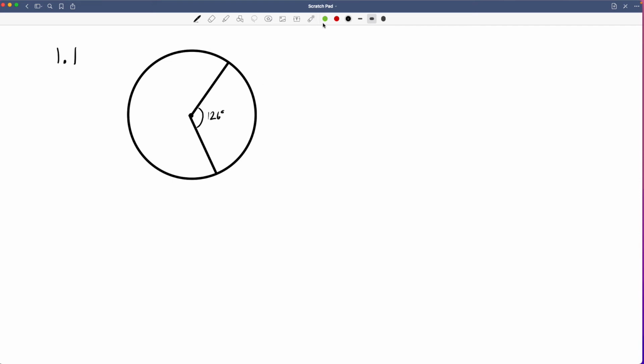And what we need to do is find the area of this sector right here of the circle, and I'm just going to shade in the part that we need to find. That's good enough. All right, so we're going to find the shaded sector.